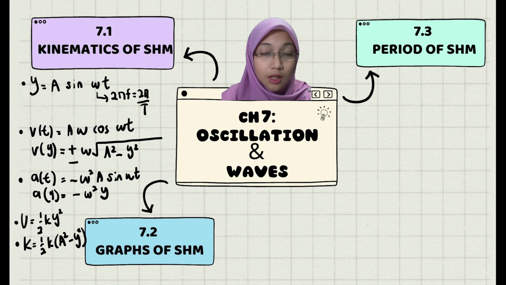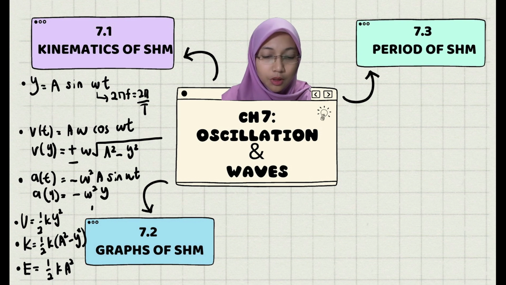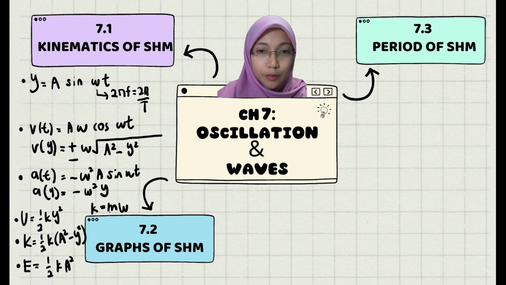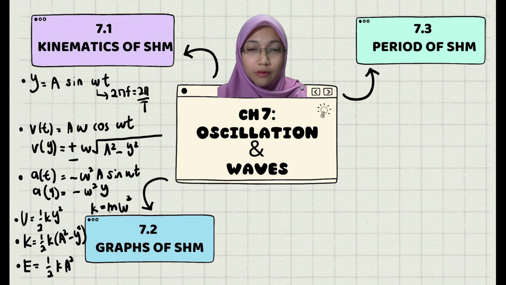And the last one, the total energy, E, is half k A squared. Please remember that k is the spring constant, which can also be written as m omega squared. So we have quite a lot of equations here. Then we proceed with 7.2.